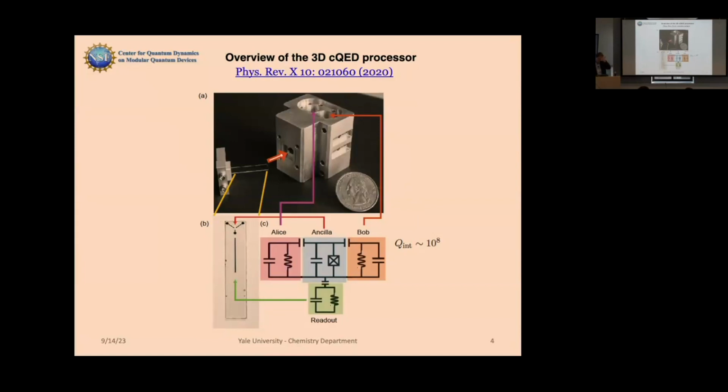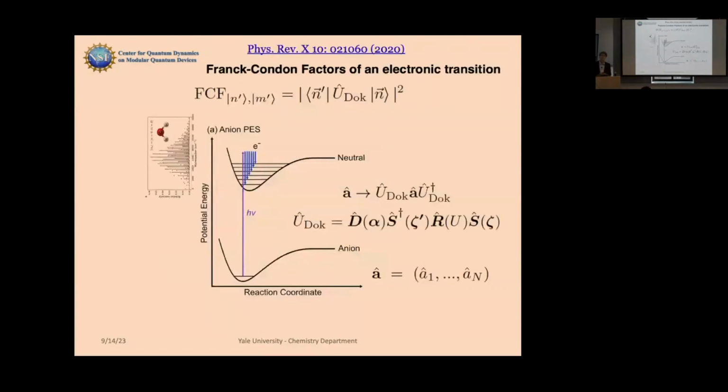And what we demonstrated is that with a single piece of hardware like this one, which is comparable in size to a quarter, we could actually calculate the vibronic spectrum of triatomic molecules by using each of the cavities as the basis for the normal modes.